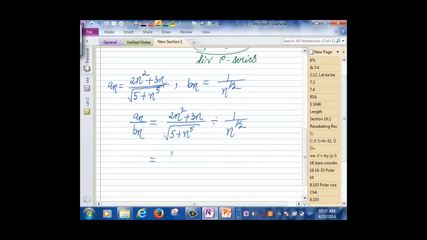And so what is that? 2n squared plus 3n divided by 5 plus n to the 5, square root, multiplied with n to the half, right? Are we okay with that?